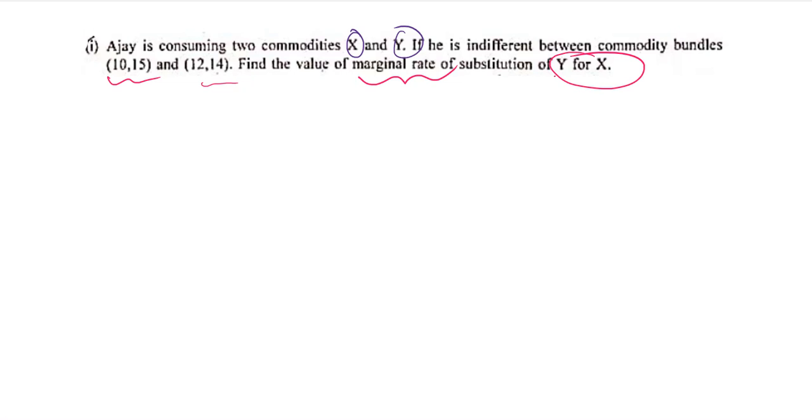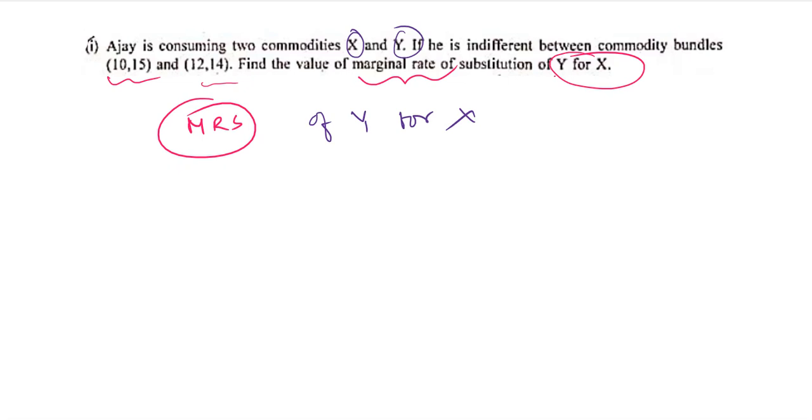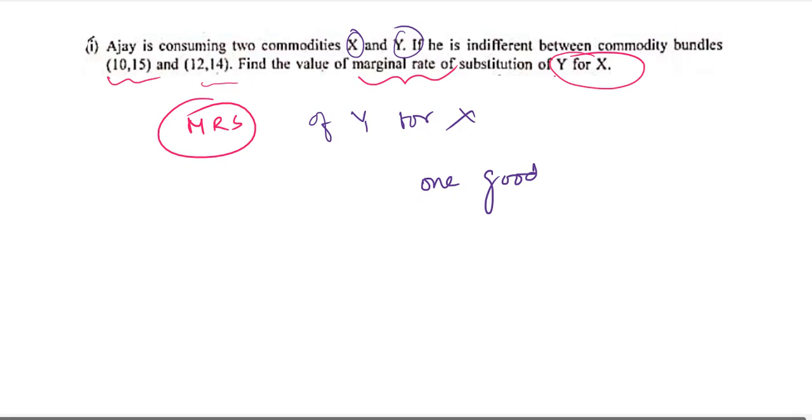To find the marginal rate of substitution, that means MRS of Y for X, we need to understand what MRS represents. It is the rate at which a consumer is willing to trade one good, Y, for another good, X, while remaining on the same indifference curve, so the level of satisfaction or utility remains unchanged.